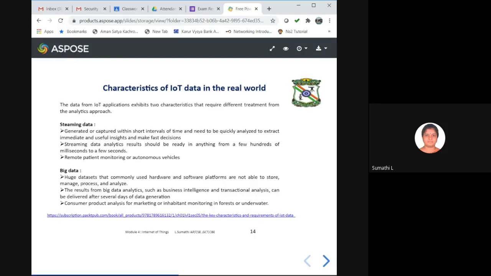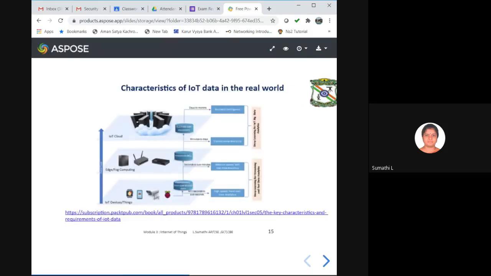So we categorize into two parts: streaming and big data for applying analytics. When we discuss, we will take examples. We won't get streaming data. We will take a sample example, and big data means you should have a volume of data. We will not consider that much volume, but we assume a set of data or analytics that can be applied on big data for our further discussion.